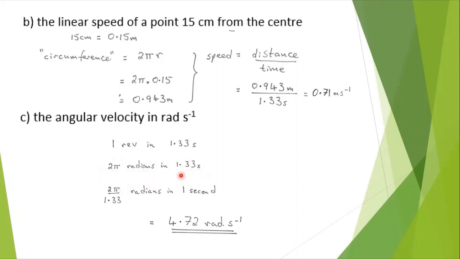So we want 1 second, so we divide the other side by 1.33. So 2 pi over 1.33 radians in 1 second, which works out to be 4.72 radians per second. Or I could have used v equals r omega, but we'll look perhaps at more questions using that.